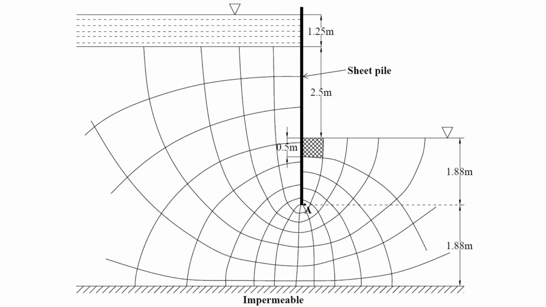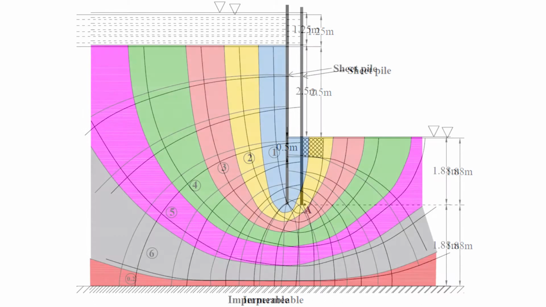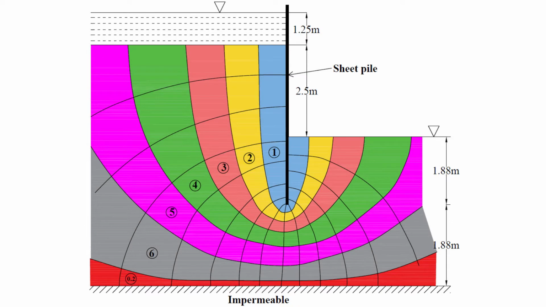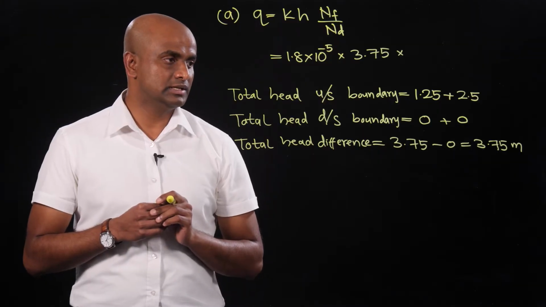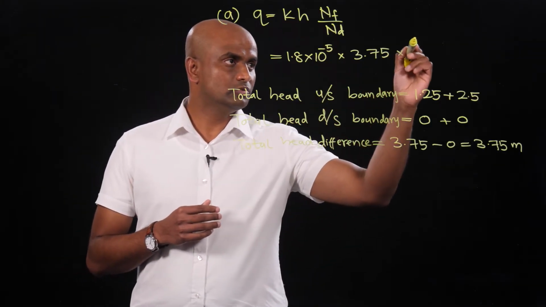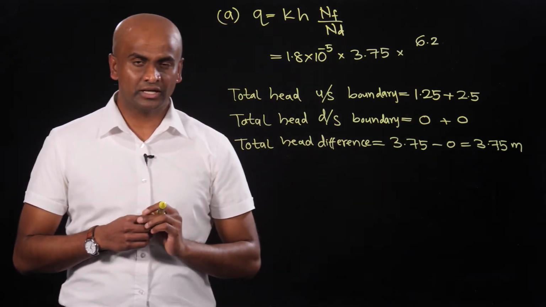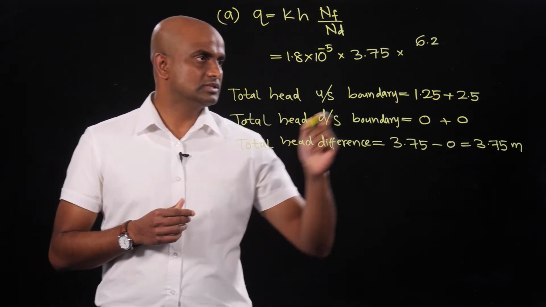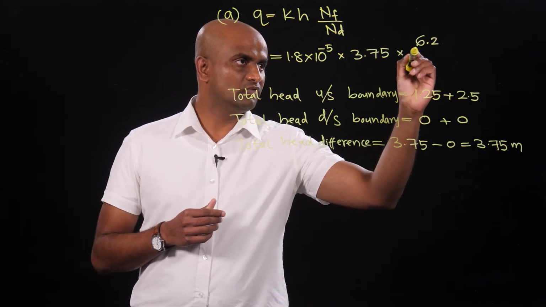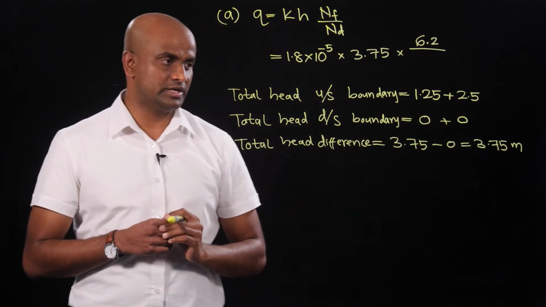Underneath the sheet pile wall there are 6 complete flow channels plus another bit, which you have to estimate as a fraction of a complete flow channel. So I would take it as 6.2: 6 complete flow channels plus a fraction of the next flow channel, which can be estimated as 0.2 of a complete flow channel.